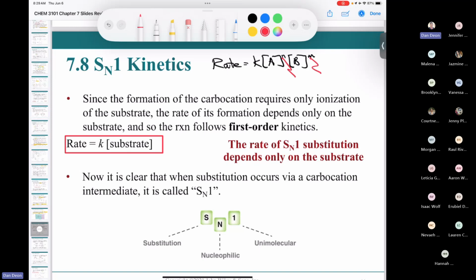The idea is the same concept here, except now we're talking about what the experiment would be: you would just vary the concentration of your alkyl halide, and that would tell you that it's an SN1 reaction. Anyhow, I'm rambling, but the bottom line is substitution, S, nucleophilic, and then unimolecular. Unimolecular is just first order. That's all that means.